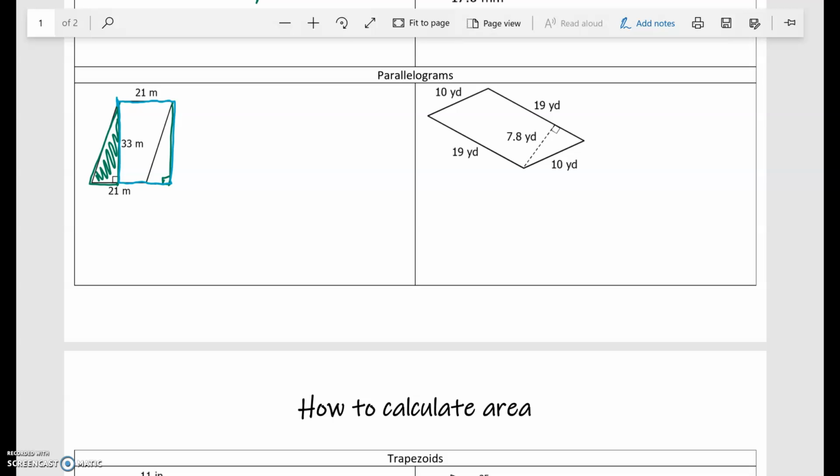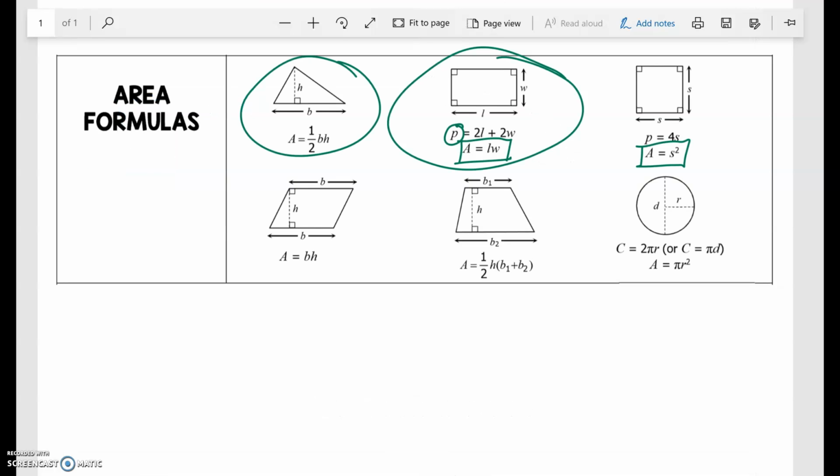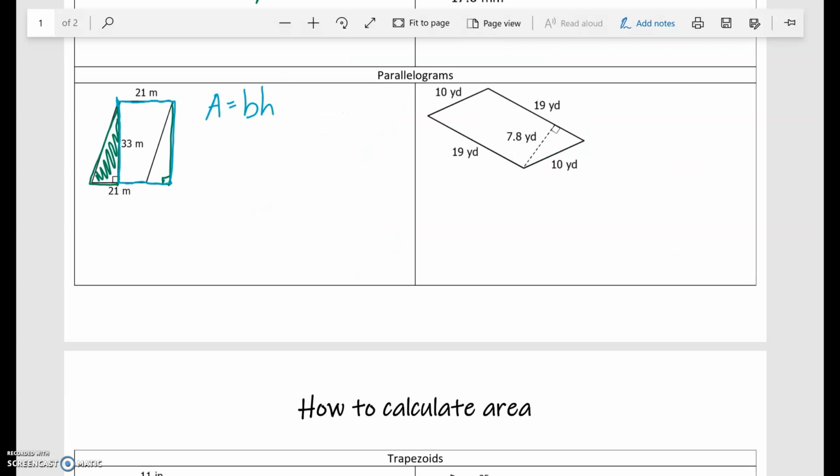We would just end up finding the area of a rectangle, which we already know is the area equals base times height. And that's why when you look at a parallelogram formula, we would end up with the same formula as we would with a rectangle. Okay, because if we were to take that triangle, move it over, we would end up with a rectangular shape.